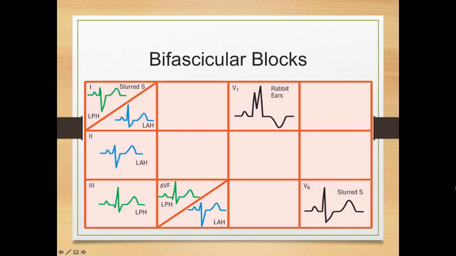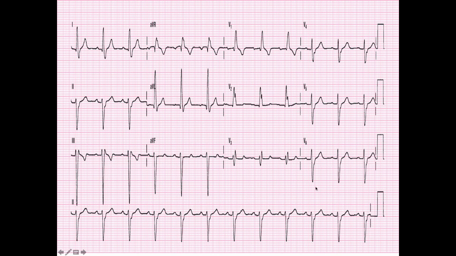Here we have a normal sinus rhythm. Lead 1 is up, AVF is down. So we have left axis deviation. Well, we're not going to stop there, right? If we see left axis deviation, is it physiologic? Is it pathologic? So 1 is up, AVF is down.